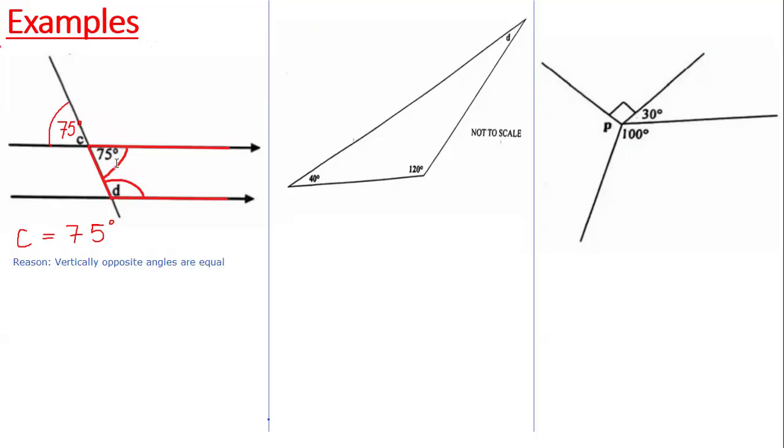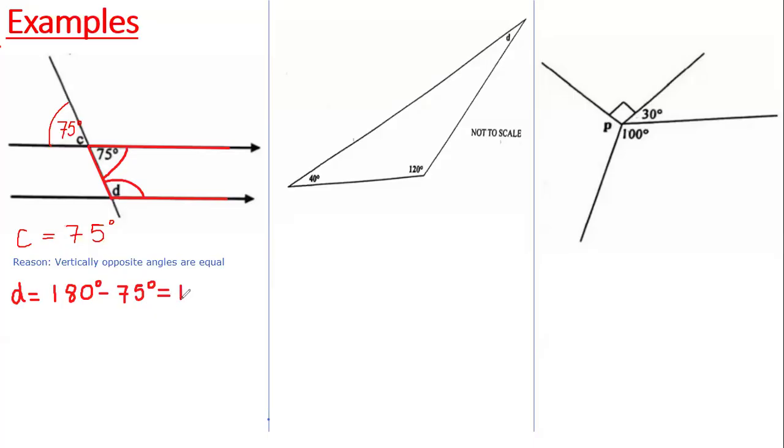Okay, so what answer do I get for D? 105 degrees. So D is equal to 180 degrees minus 75. 180 degrees minus 75, we get 105.